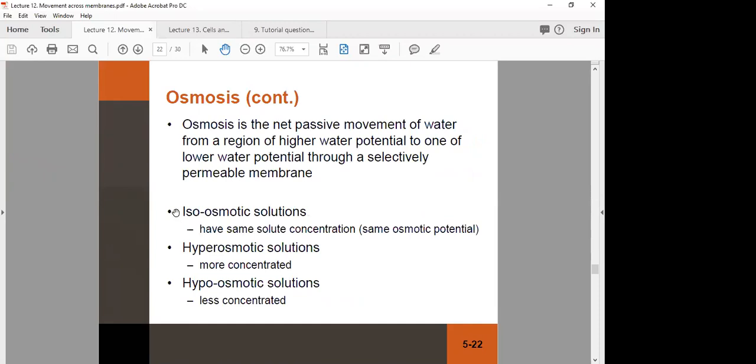If we place a cell into an isoosmotic solution, also referred to as an isotonic solution, that solution will have the same solute concentration as you'll find inside the cell. If we place a cell into a hyperosmotic solution, the solution is more concentrated than what you find inside the cell, and a hypoosmotic solution will be less concentrated.